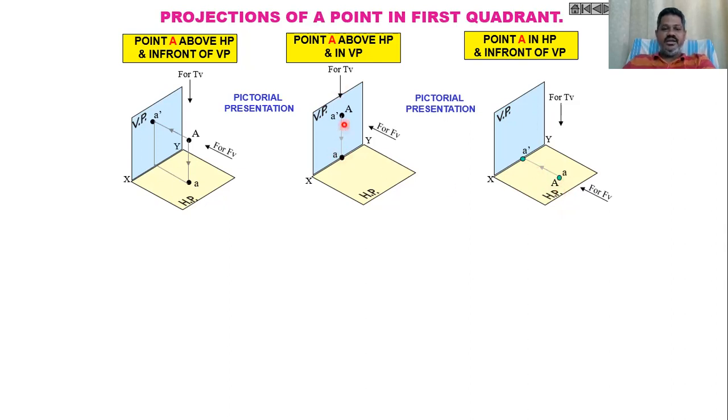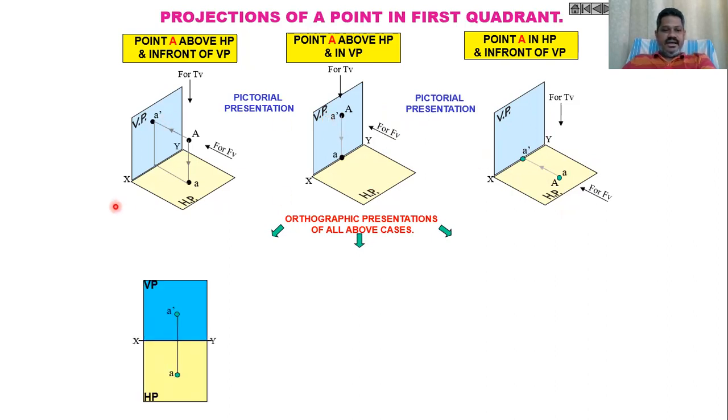Here the point is above HP, lying on VP, but here the point is in front of VP, lying on HP. Now let us draw the projections of these three cases. As I said, the horizontal plane will be rotated by 90 degrees to view properly.